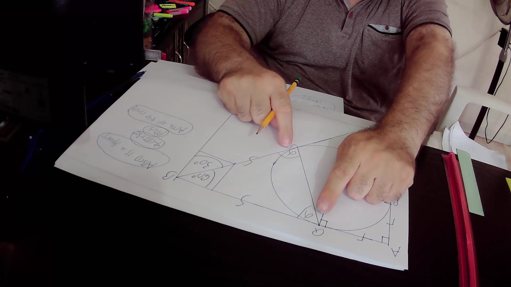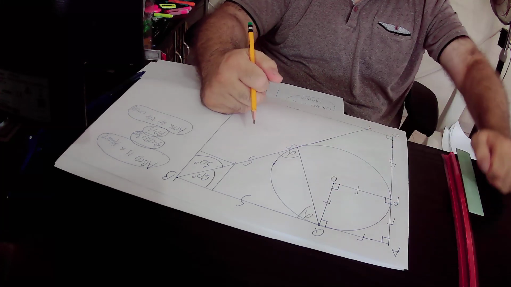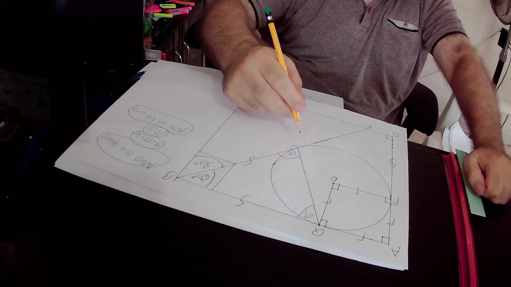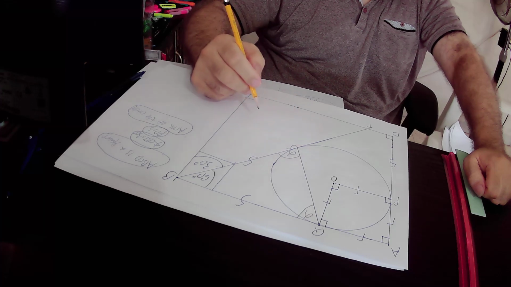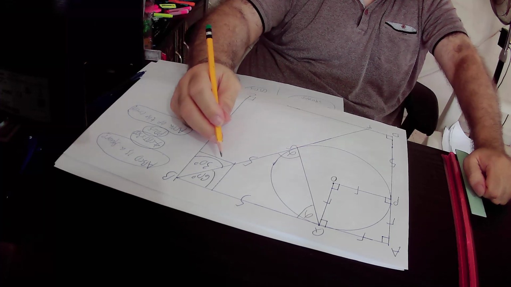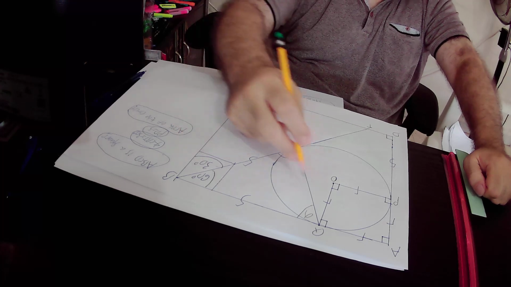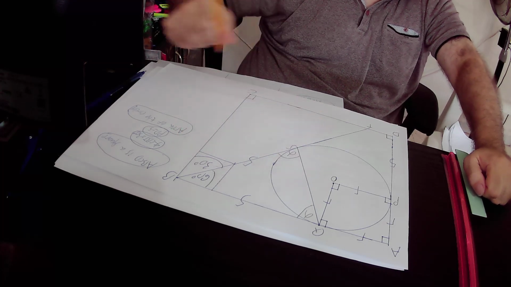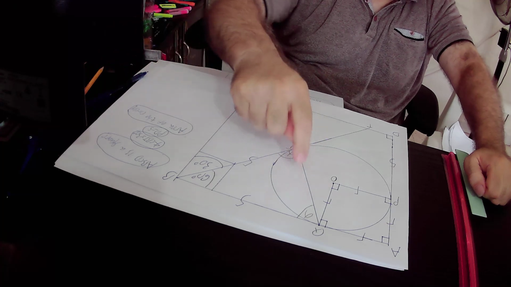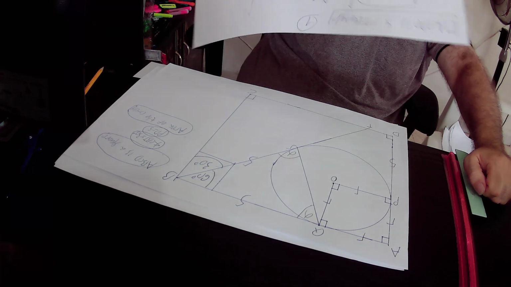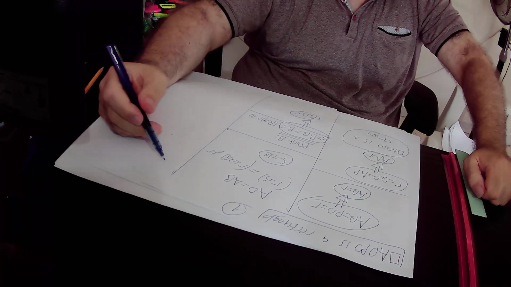So both angles are equal to alpha. And what is the sum of those two angles? The sum of those two angles will be equal to 180 degrees minus 60 degrees. That is to say, the sum of those two angles is 120 degrees. So here we found out that alpha plus alpha equals 120 degrees in triangle QBS.